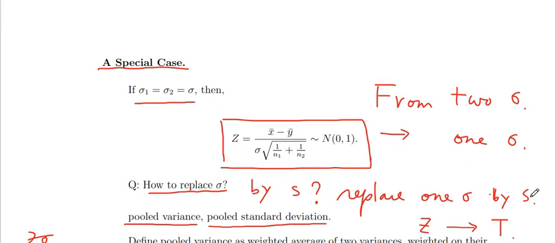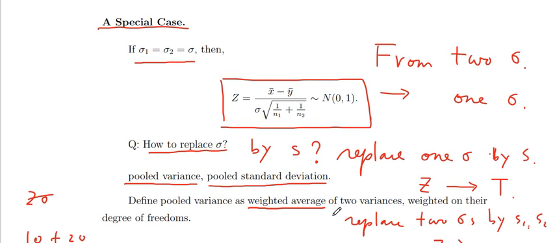Then we only need to replace sigma by s, and we have exactly a t distribution. The degree of freedom is n1 minus 1 plus n2 minus 1.